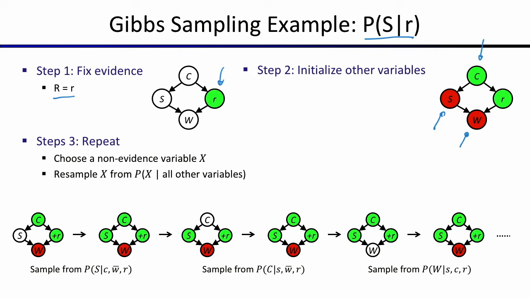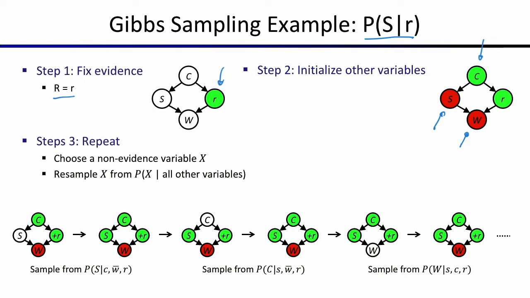Now that we have this complete instantiation, I'm going to start changing the instantiation variable by variable. It's important that, as we gave these random values, this instantiation does not come from the probability distribution expressed by the Bayesian or the Markov network. It's just a random instantiation.